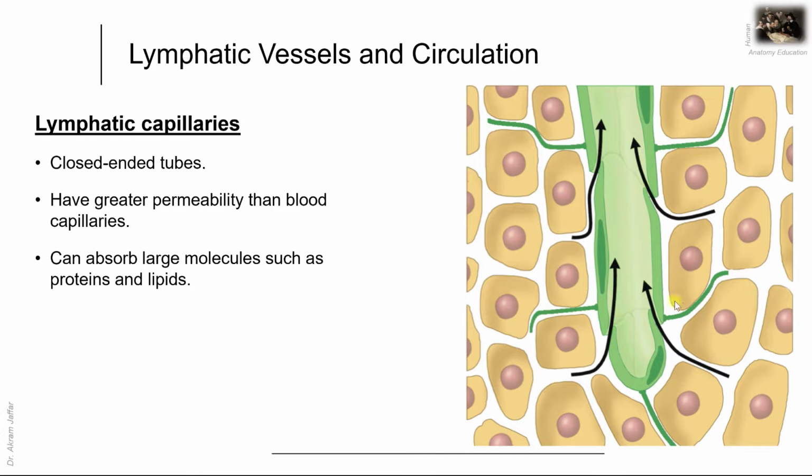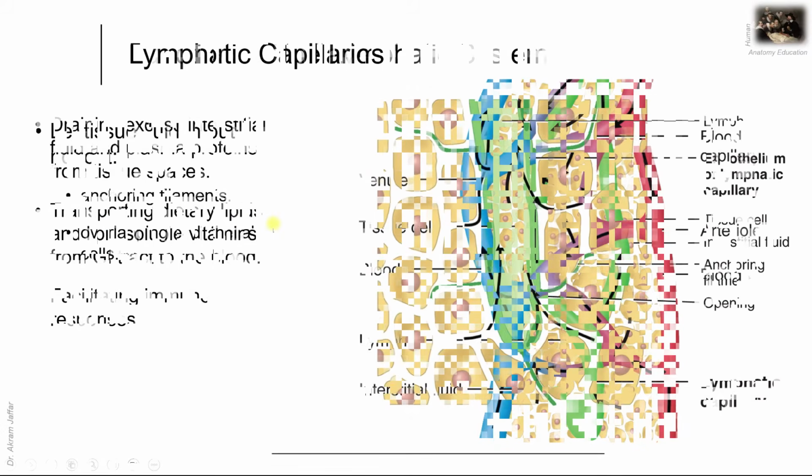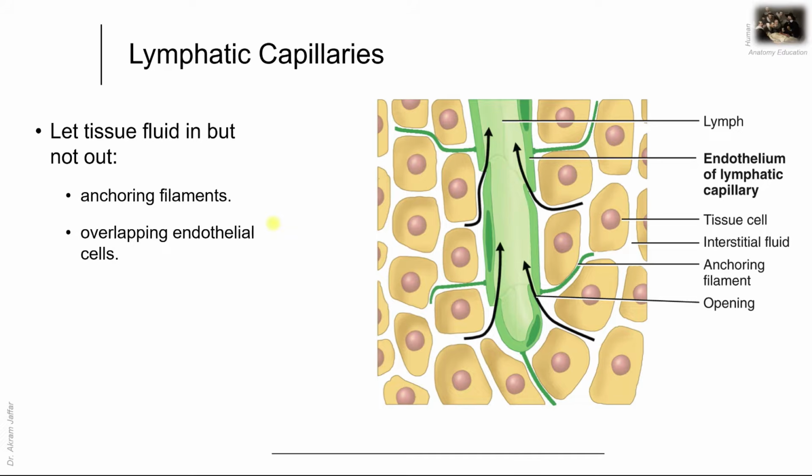And these lymphatic capillaries have greater permeability than the blood capillaries. That's why they can absorb large molecules as proteins and lipids. That's why we mentioned here that one of the functions of the lymphatic system is to transport the dietary lipids. Now, how come these lymphatic capillaries have greater permeability than blood capillaries and absorb large molecules?